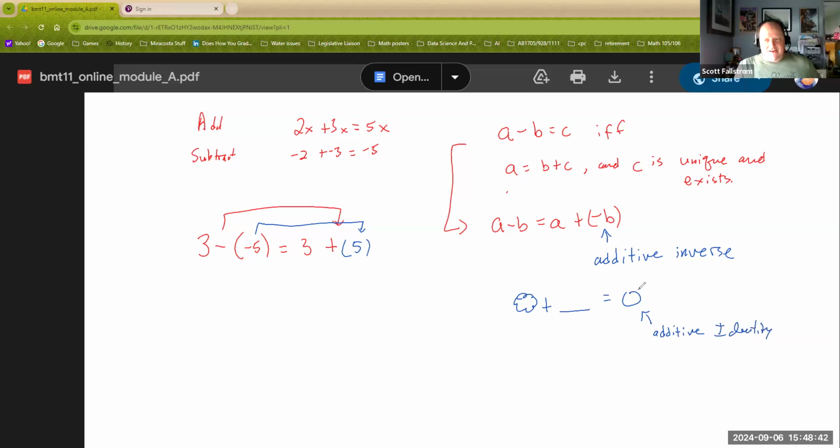The additive identity is the number that when you add it never changes anything. So the inverse is what you add to get back to what you started with. Typically for these problems, we would write it as a negative symbol in front. We think of it as the opposite, but it's technically the additive inverse. For example, if you had -3 plus what gets you to 0, the additive inverse would be 3. If you had the number 5, what would I add to get back to 0? The answer would be -5. So we have additive inverses.